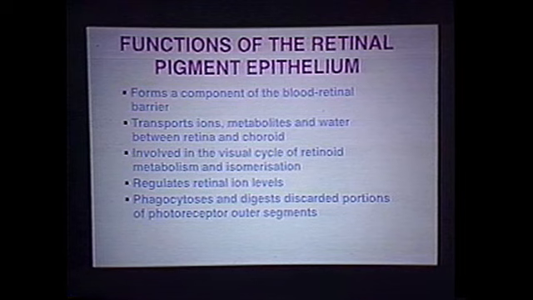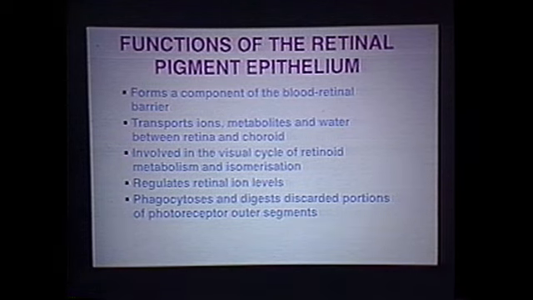This slide lists some of the functions of the retinal pigment epithelium, and one is that it forms a component of the blood-brain barrier. The second is that there is a transportation of ions, of metabolites and water between the retina and the choroid, and clearly this has to pass through this retinal pigment epithelium.